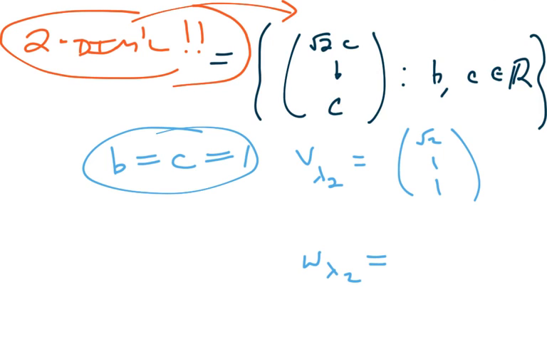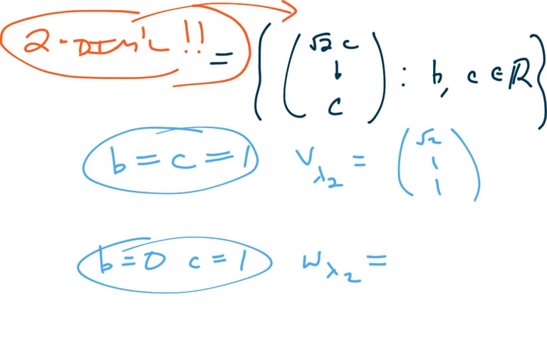And I need other choices here. Maybe B is 0, C is 1. Right? This will work. Let's just look at it. We would have root 2, 0, 1 in that case. All right, so these are my 2 distinct eigenvectors.